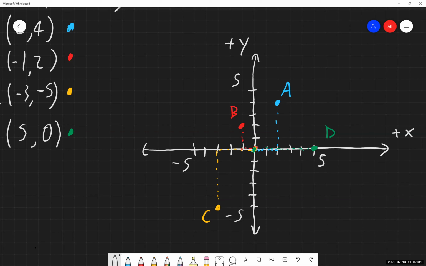Again, not required. Just need to make sure we have everything plotted and we're moving left, right, up, down, the correct number of units accordingly. So make sure you have your positive direction and your negative direction clearly defined, not just for you, but for me and whoever else would be grading this as well. But this is how we would go through and plot points on any set of axes that we're working with.